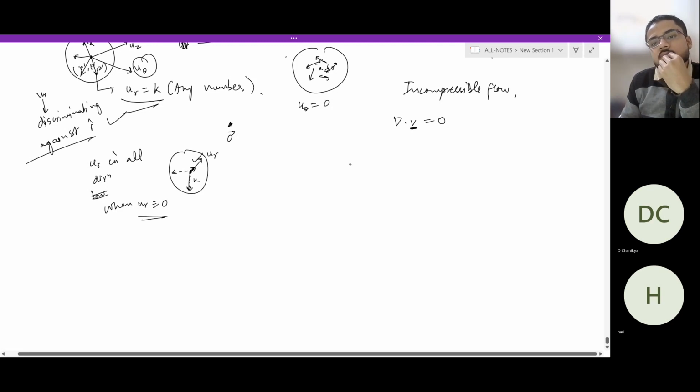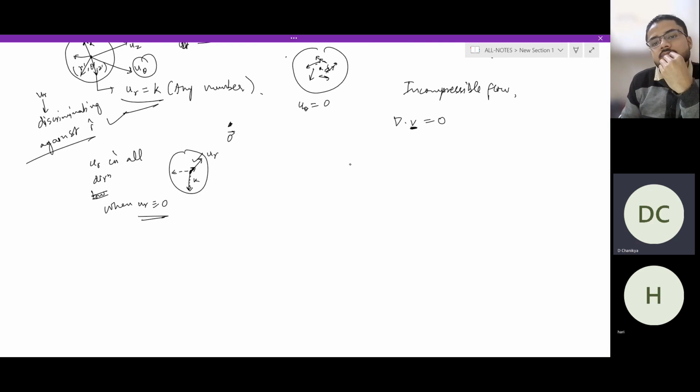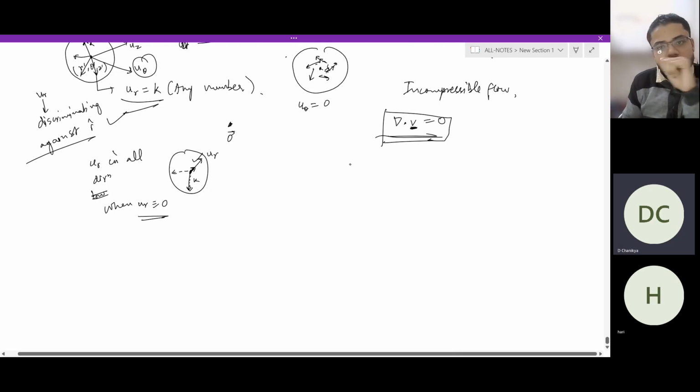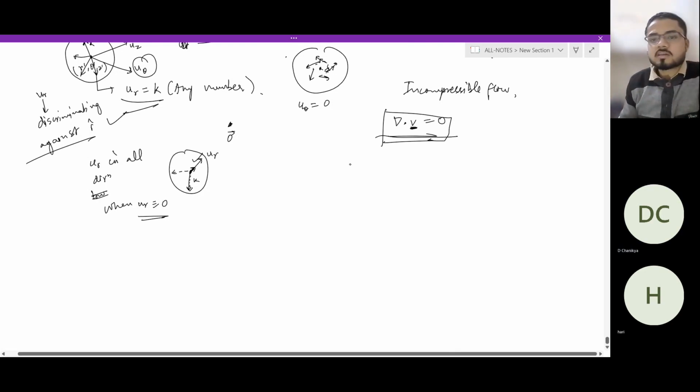Actually, I forget. So should I maybe start with deriving this entire thing, or we can take it as a condition and move on? We will take it as a condition. Okay, so let's assume that you know that for incompressible flow, this part is equal to zero.